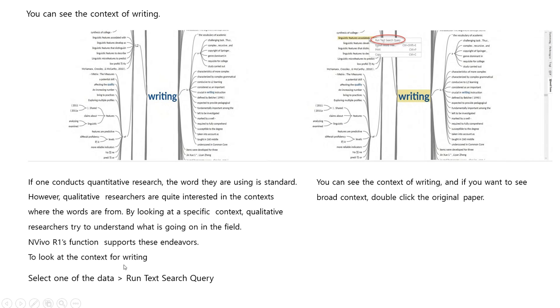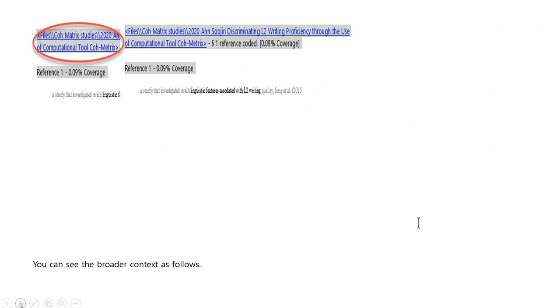To look at the context for writing, search one of the data and run the text search query. If you would like to see more further context, you can double click the original text.